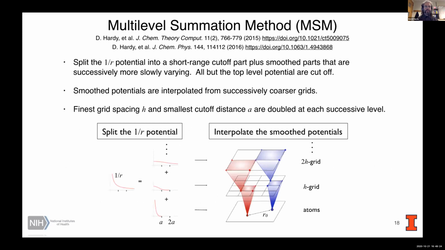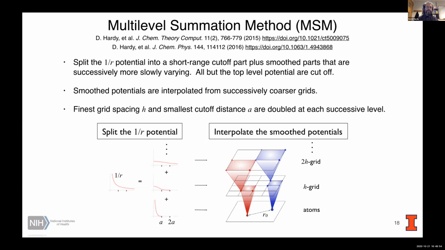So let's talk a little bit about the multilevel summation method next. What this method is doing, instead of doing the calculation that PME is doing, is splitting the 1/r potential into not just two pieces, but into a short range cutoff part plus these smooth parts that are successively more slowly varying, where all but the top level potential are cut off.